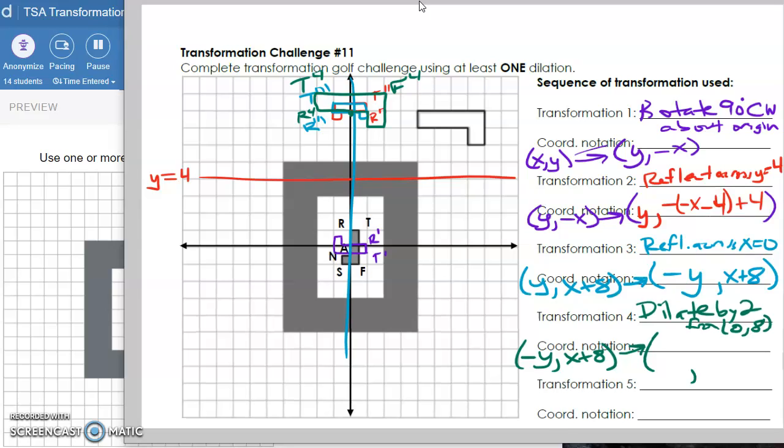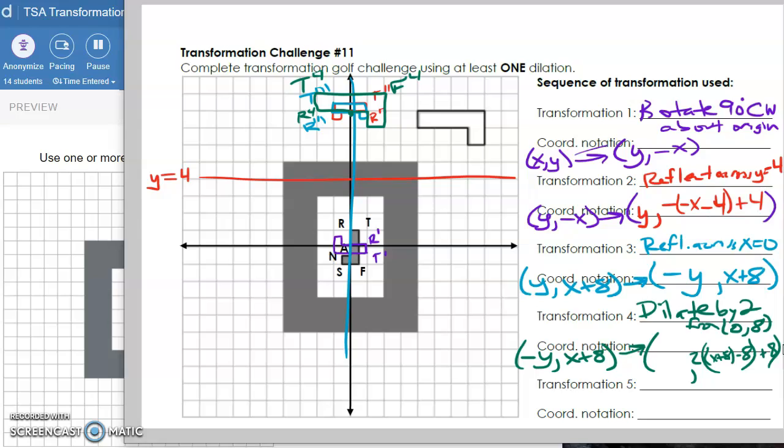So I'm going to have my x plus 8, my starting point, and I'm going to shift it down by 8. Then I'm going to double it, and then I'm going to shift it back up by 8. And what that does is bring it down to the origin, grow it, and then put it back up where it was so that it doesn't get further from the origin.